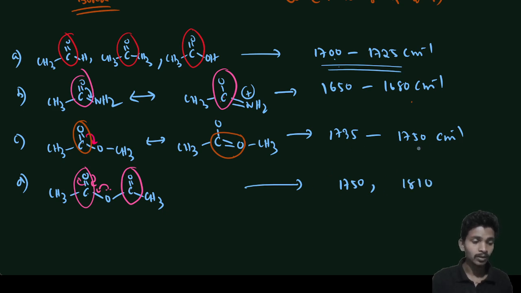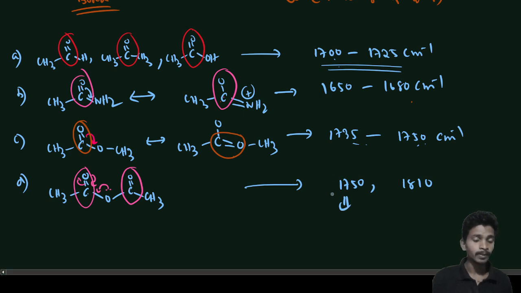Here where one IR data is there, one value will come in between, but here two IR data will come, one is 750, another 1810. And we know that for symmetric stretching the IR value will always be less, so this is for symmetric stretching, and this is for asymmetric stretching.